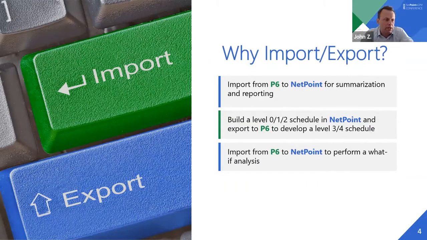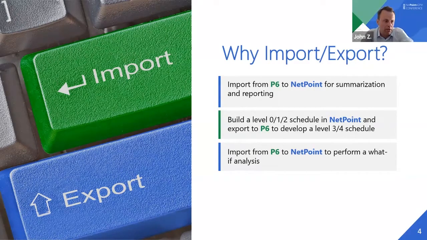The third reason is a little bit more nuanced, but sometimes you'll want to do some what-if scenarios in a schedule, and you can certainly do that in P6, but occasionally you get lost in the details. So there is a way to import from P6 to NetPoint, but you can also import just a portion of your activities.